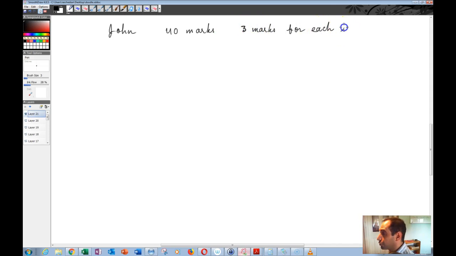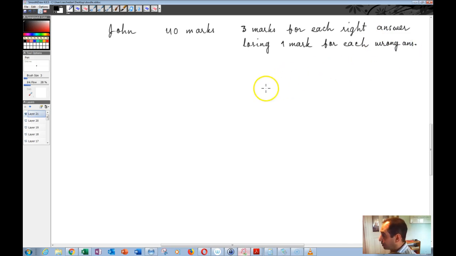Basically 3 marks for each right answer, and losing 1 mark for each wrong answer. Okay, that's how he did on the test, based on these conditions.